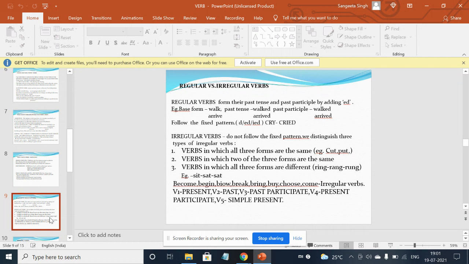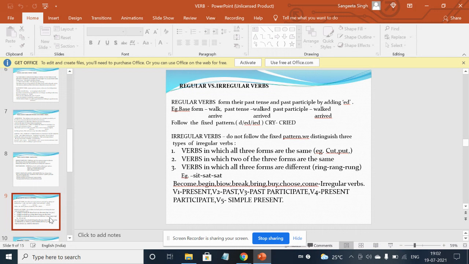Cry, we drop y and add ied, cried. A fixed pattern: when there is e at the end, we add only d, not ed, and if it ends in y, we drop y and add ied. Cry, die, etc.